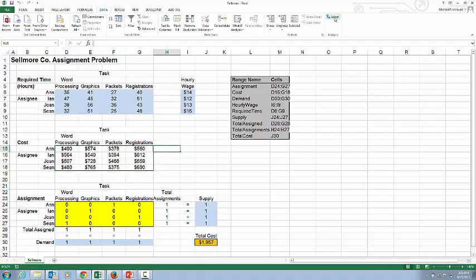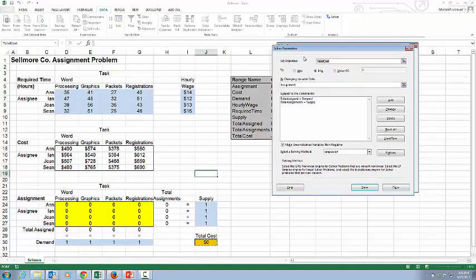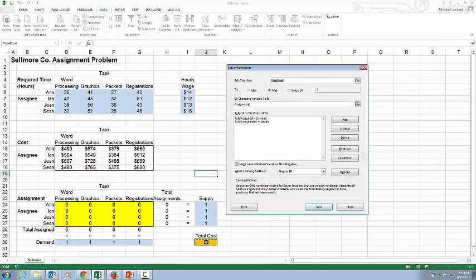So if we invoke Solver, we're going to zero these out. And now let's solve it using Solver. We've set up the model, we've named our ranges, and so here's what we got. We're going to try to minimize total cost, so check the minimization button on that as well. We're going to change the variable cells, which are the yellow assignment named range.